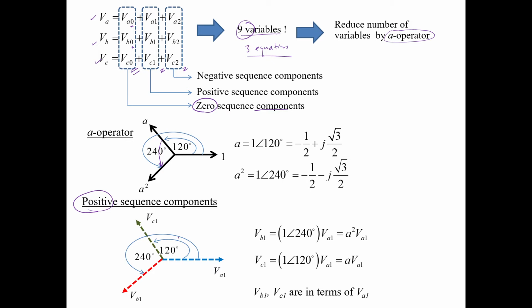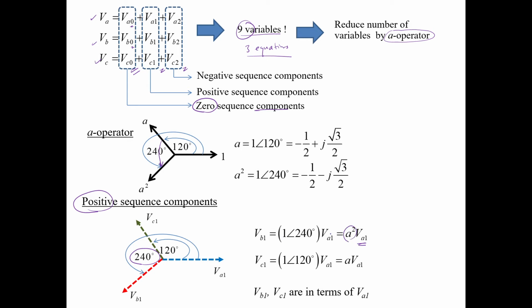One time rotation results in a 120 degree phase shift. You can see that for VB in this case, you have to rotate 240 degrees. So you have to multiply VA by A squared in order to achieve VB in positive sequence. So VB here could be expressed as A squared times VA.